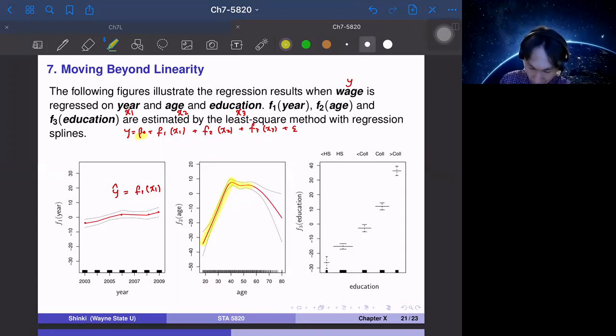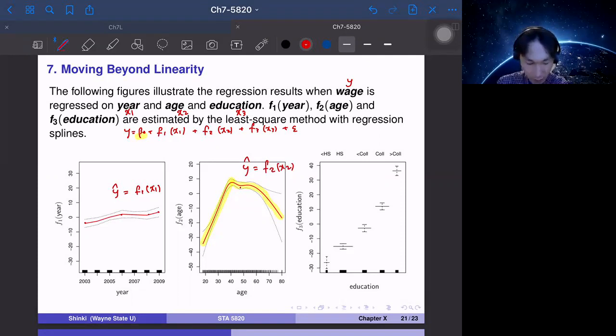After that, gradually it goes down. I don't know, we have some bump here and what happened. But this is the curve. This red line is the estimated f2, so f2 hat of x2.